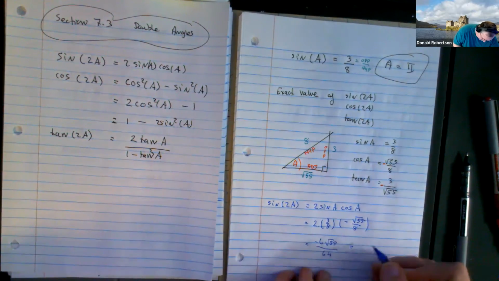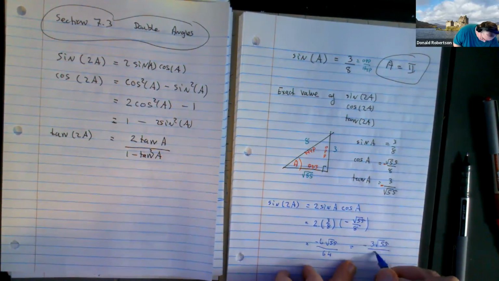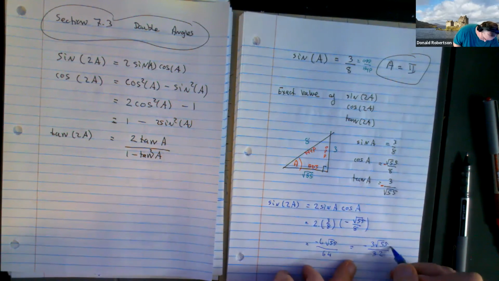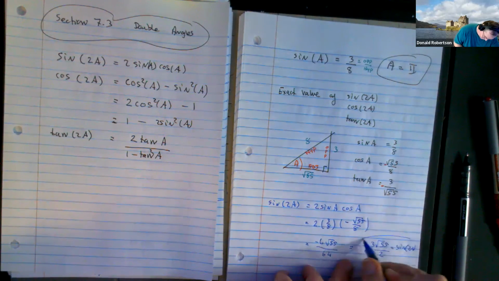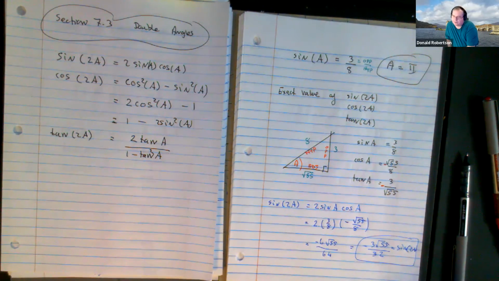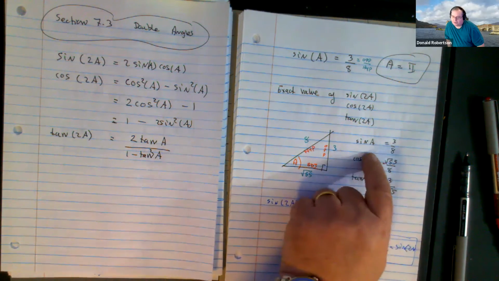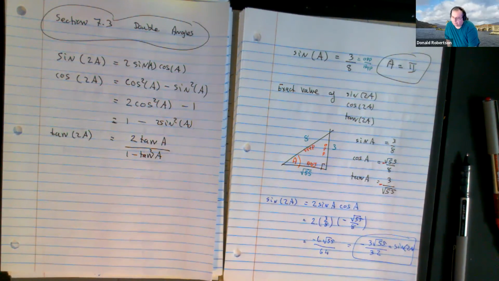I can cancel down a little bit and get negative 3 square root of 55 over 32. Any problems with that? Are you comfortable with how I did it? Once you know these three, can't you just plug and chug and make it look pretty?